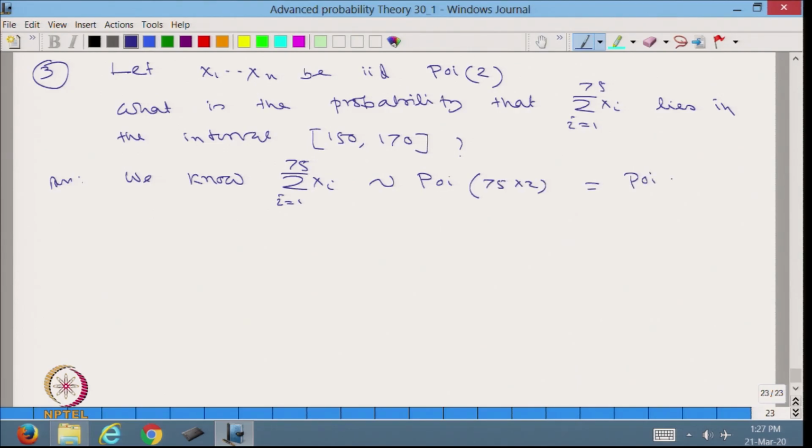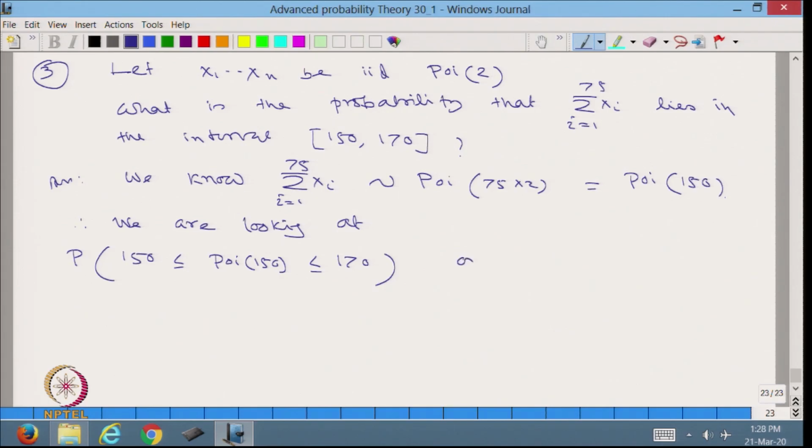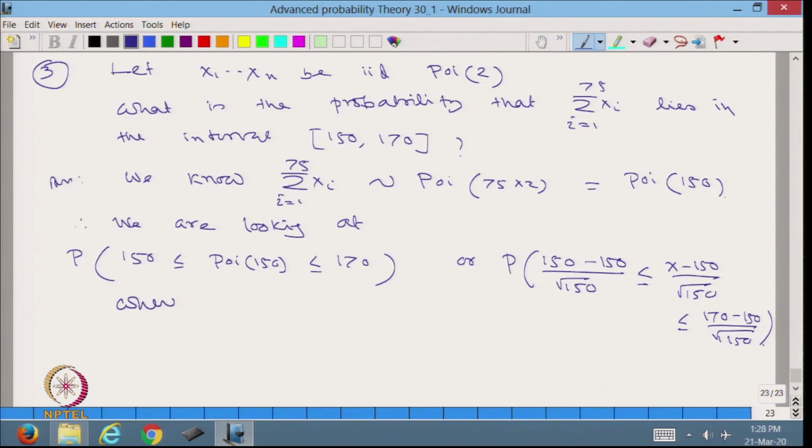that is, Poisson with 150. Therefore, we are looking at the probability 150 less than or equal to Poisson with 150 less than or equal to 170, or the probability (150 minus 150) upon root over 150 less than or equal to (X minus 150) upon root over 150 less than or equal to (170 minus 150) upon root over 150, where X follows Poisson with 150.